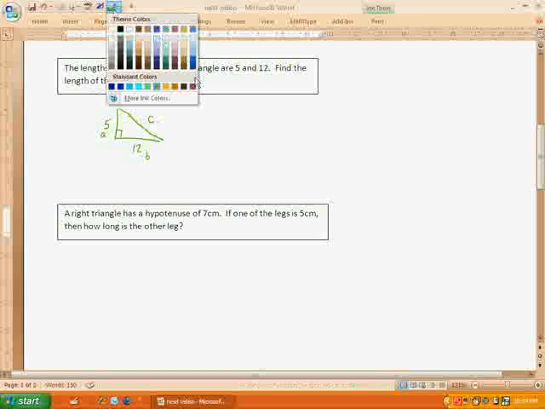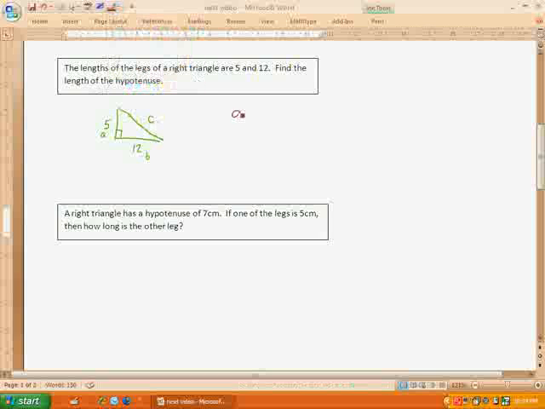Okay, so I'm going to go off on the side here, and I'm going to write a squared plus b squared equals c squared. Okay, now I know that a is 5, so 5 squared, plus b is 12, so that's 12 squared, will equal c squared.